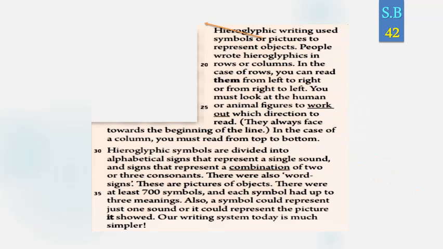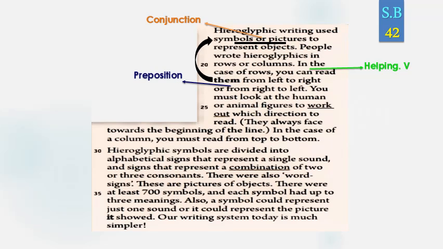Okay guys, so here we have "or", it is a conjunction. "Can", it is a helping verb. And here the pronoun "them" refers to symbols or pictures. "From", it is a preposition.